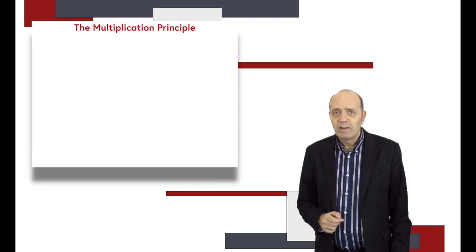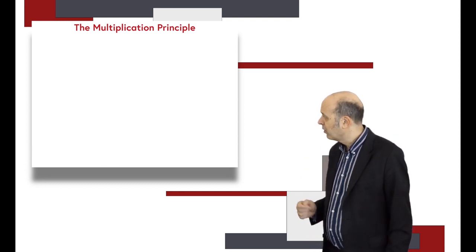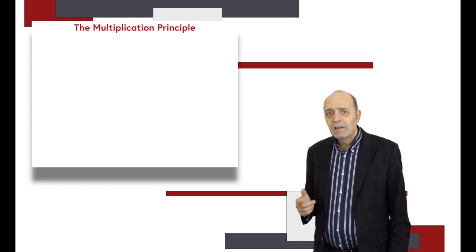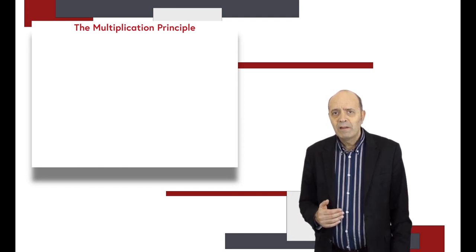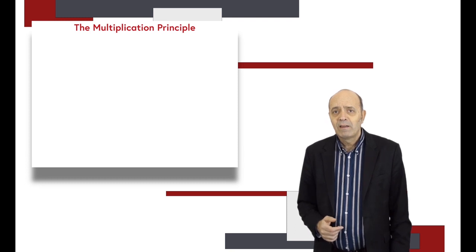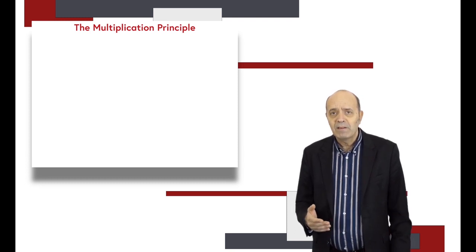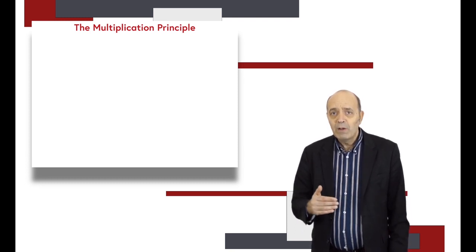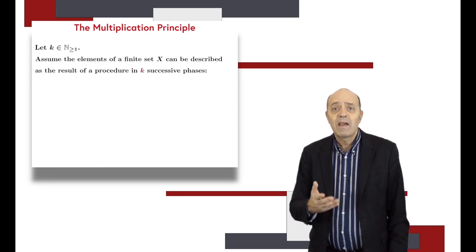The first one is the so-called multiplication principle. It can be applied when the elements of a set X can be obtained through a sequence of steps, let us say k steps.